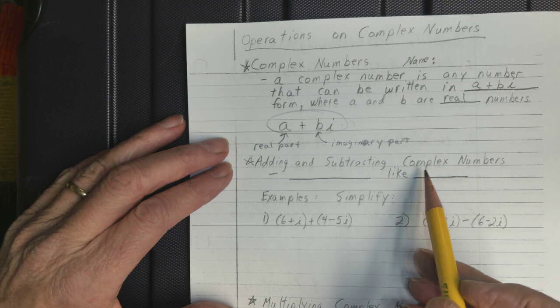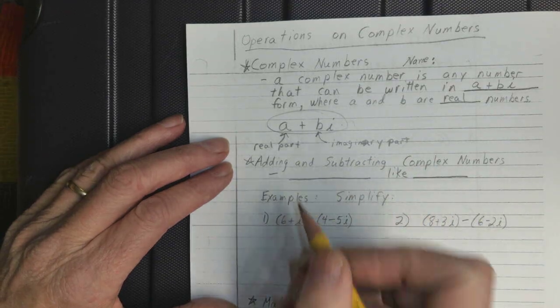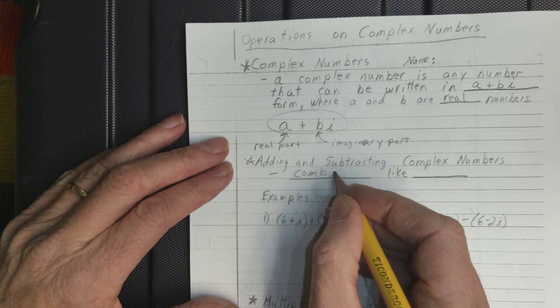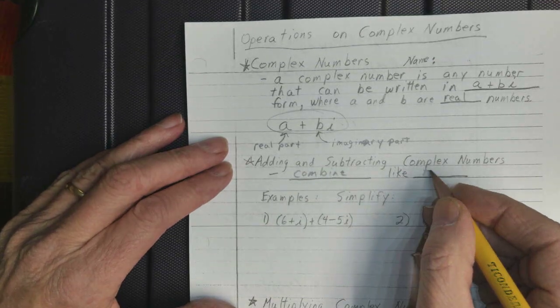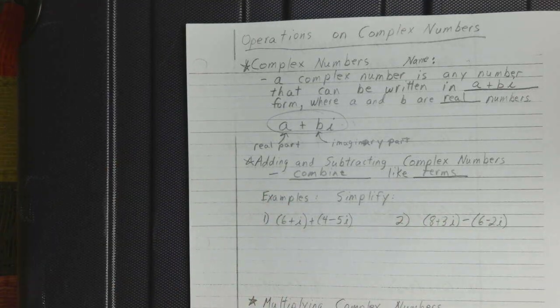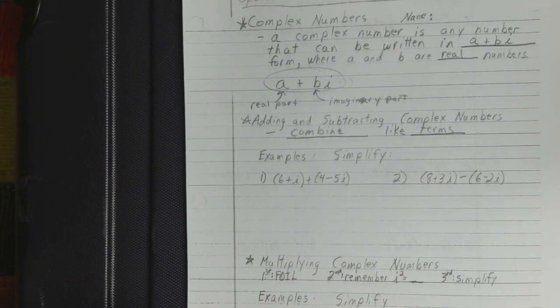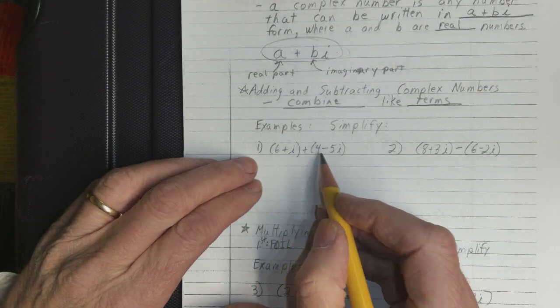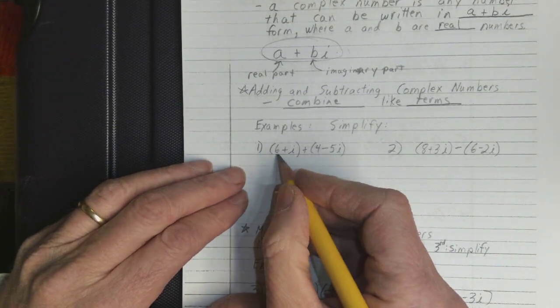Now, adding and subtracting complex numbers, all that you have to do is combine like terms. I've got a couple of examples here. One of them is simplify 6 plus i plus 4 plus 5i.